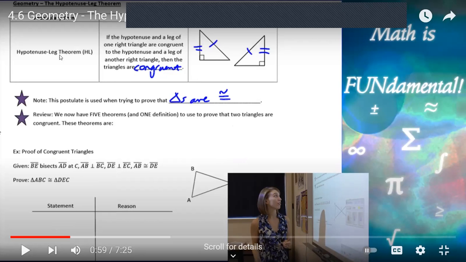And we now have 5 theorems. So this is a theorem with a proof, and this particular one is used when trying to prove triangles are congruent.